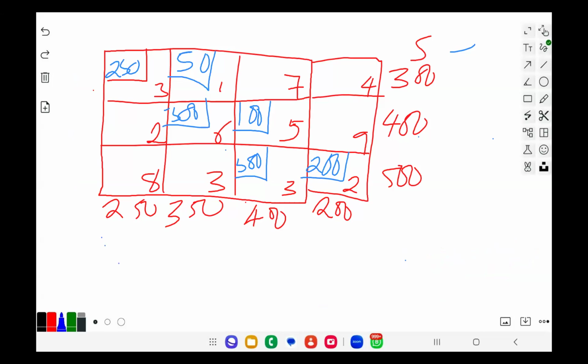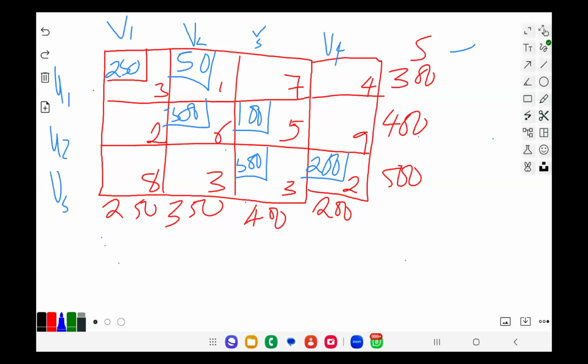On top, the very first one is going to be V1. They usually use the V's: V1, V2, V3, and V4. Then this will be U1, U2, and U3.